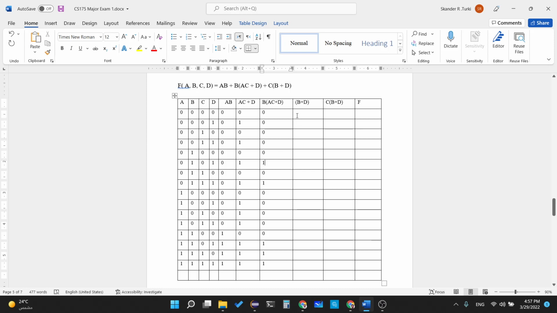Then here B or D. So B or D, whenever B is 1, it's 1. Here it's 1. Then we look at D. Here it's 1. Here it's 1. You can just copy all of this and put it here.